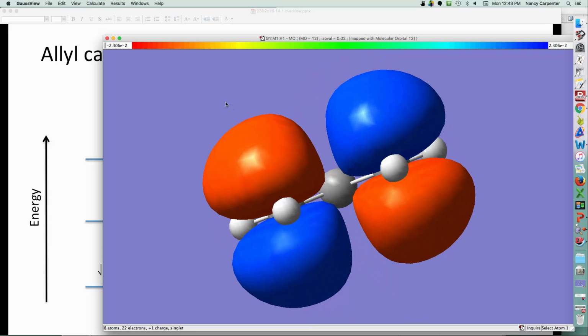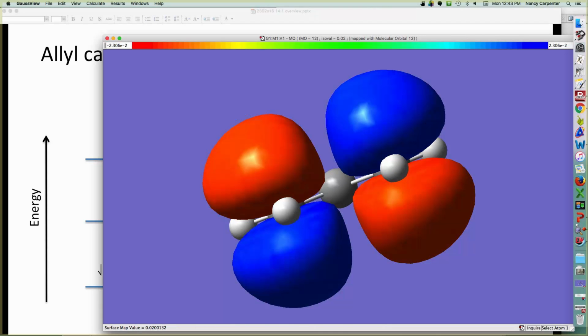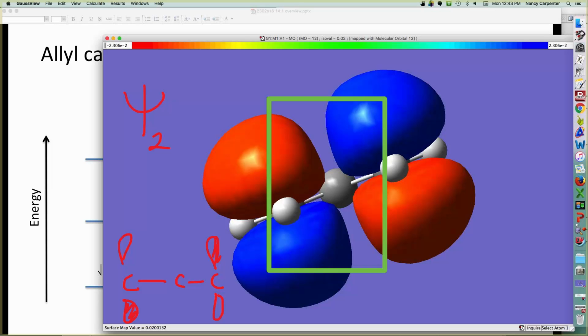So basically, this is my psi 2, my middle molecular orbital. What you can see is I have that kind of molecular orbital on the left and opposite phase on the right, but I have nothing in the middle.